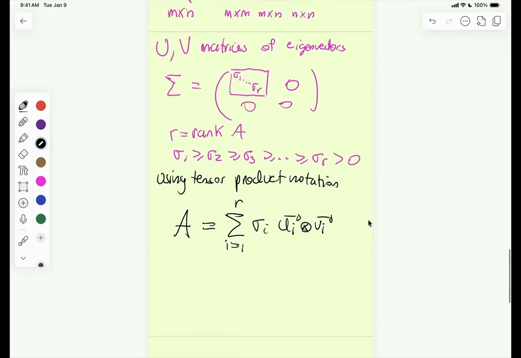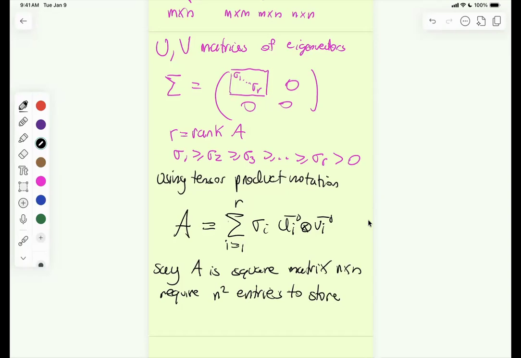To make this a little easier, say the matrix is a square n by n matrix. Any random n by n matrix would require n squared entries to store, right?